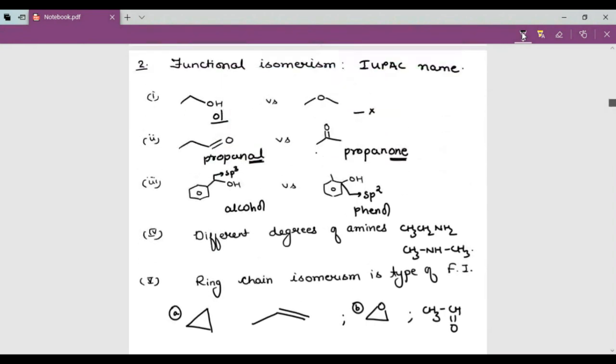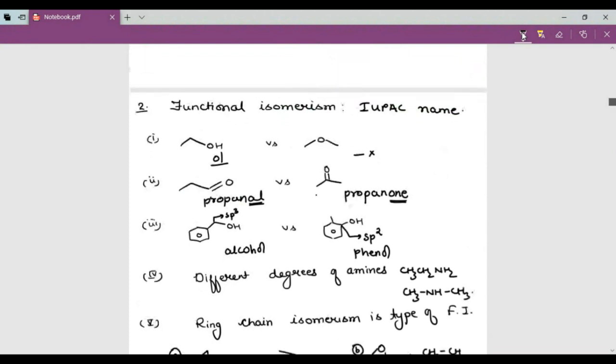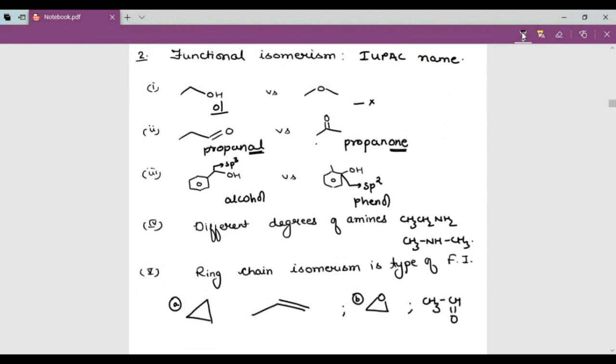But in a single correct, I would always prefer the functional isomerism option over ring chain. But this entirely depends on the paper setter's jurisdiction, what exactly he is thinking of. Otherwise, only in multi-correct should we give both options.